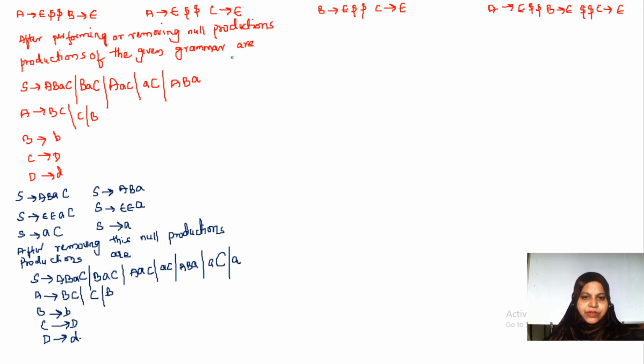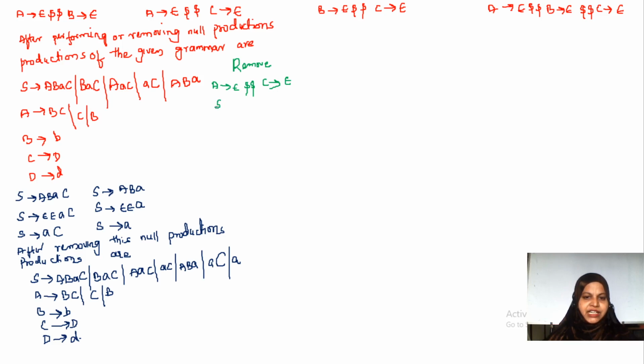Next, remove A tends to epsilon and C tends to epsilon. Here in this case A, C is there, here A is there, C is there, here also A and C is there. So we have to remove this one. What are the productions now?